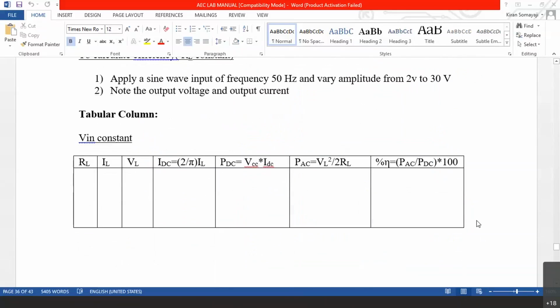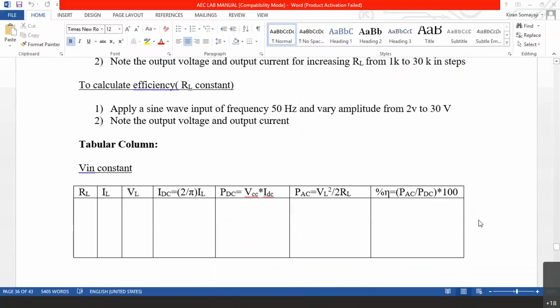So now, to calculate the efficiency, RL can be varied from 1 kilo ohm till 30 kilo ohms, and for each value of RL, the load current and the load voltage can be measured and tabulated.